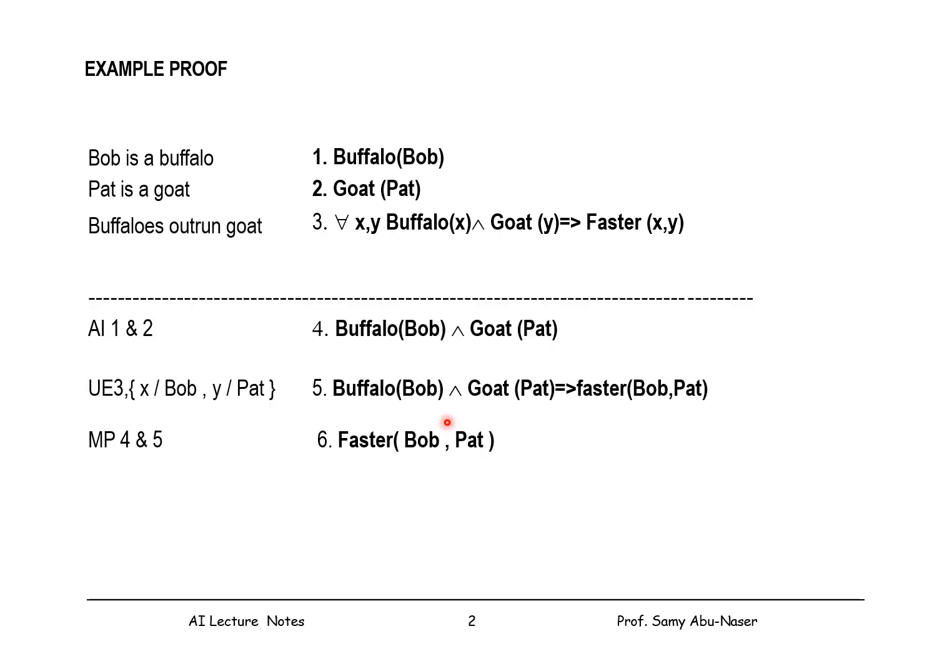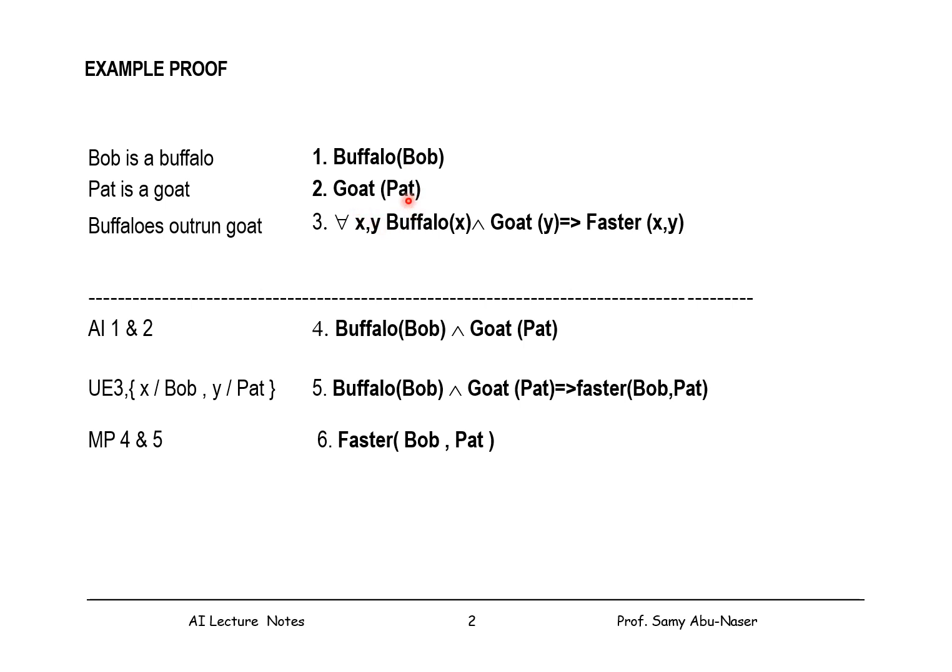Example, proof. We are given three sentences here. Bob is a buffalo. Bat is a goat. Buffaloes outrun goats, meaning they are faster than goats. The first sentence, Bob is a buffalo, we translate to Buffalo(Bob) in first order logic.